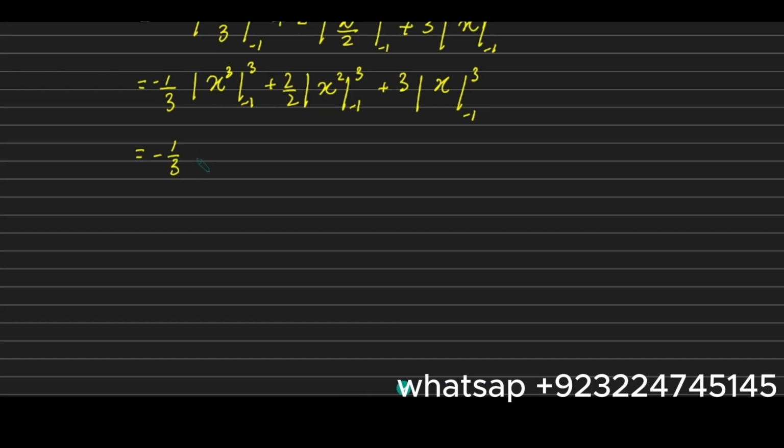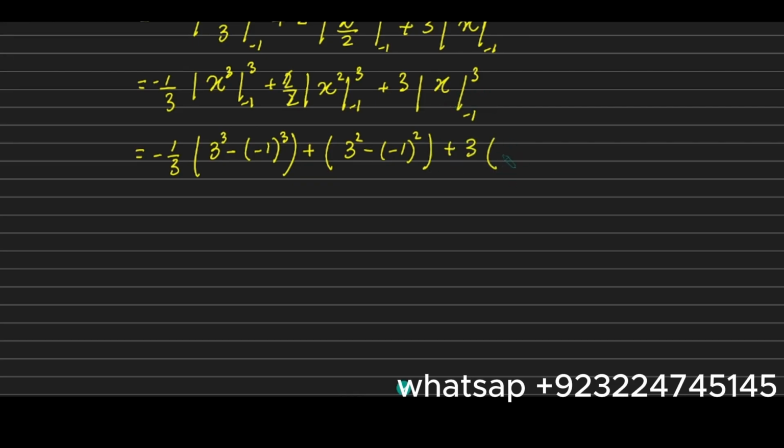Minus 1 by 3, and here 3 in place of x, we will get 3 cubed minus the lower limit minus 1 cubed. Here 2 is cancelled out, we get x squared, that is 3 squared, minus 1 squared plus 3.